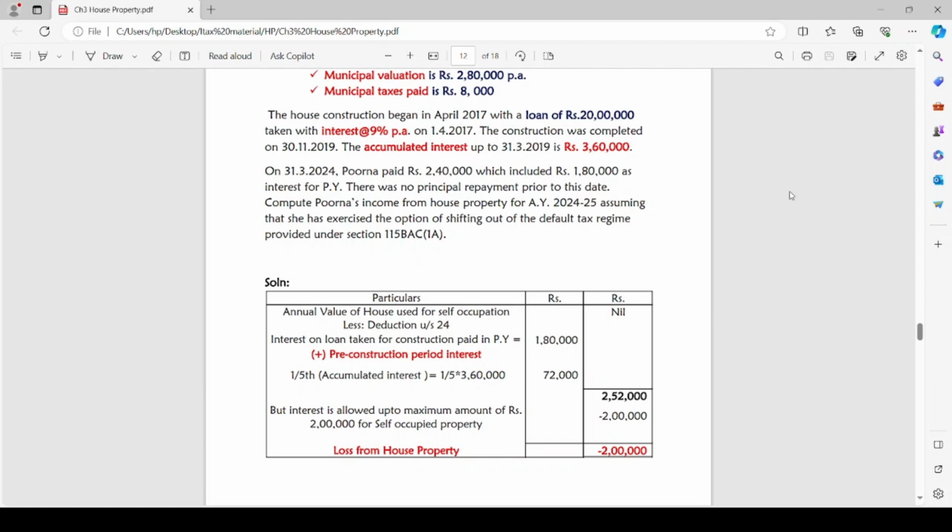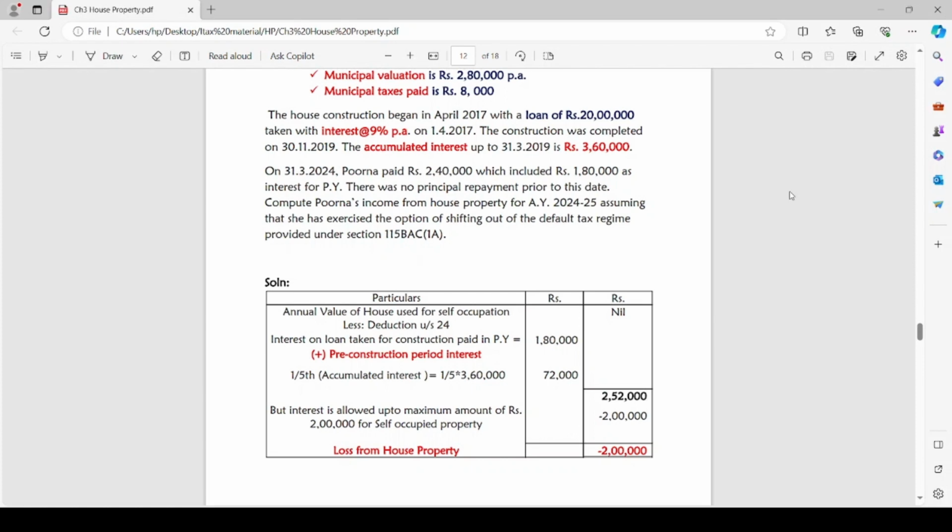But the interest is allowed up to a maximum amount of rupees 2 lakh only for self-occupied property. We know that under the optional tax regime, if the property is self-occupied, we have a ceiling limit of rupees 2 lakh only to claim the deduction under section 24B.